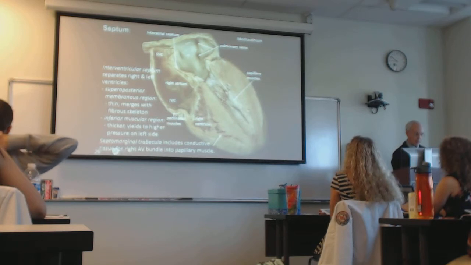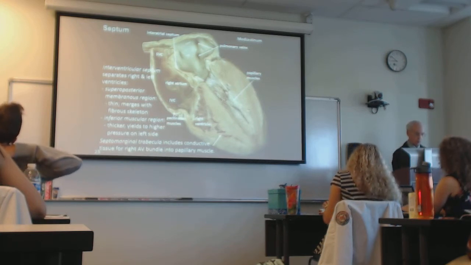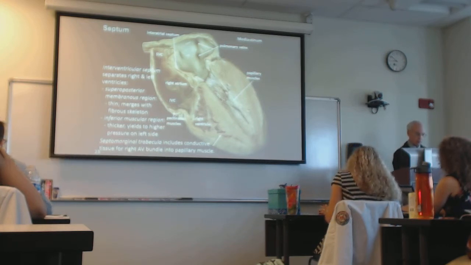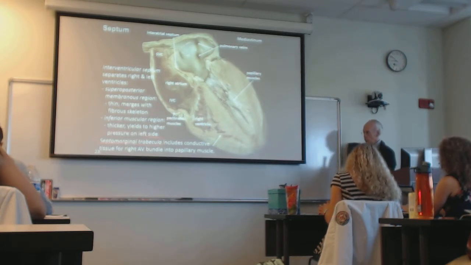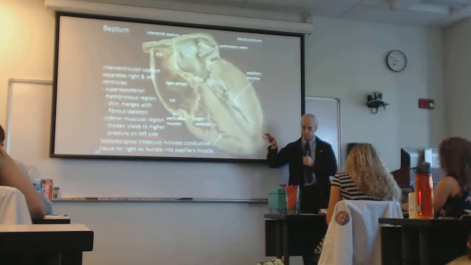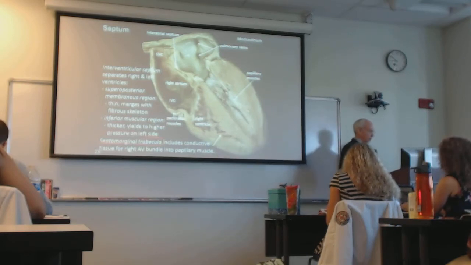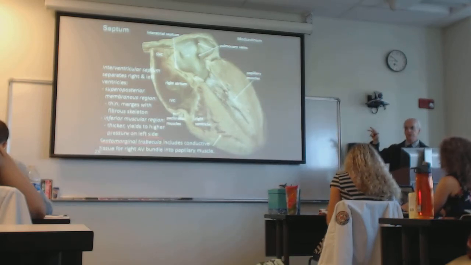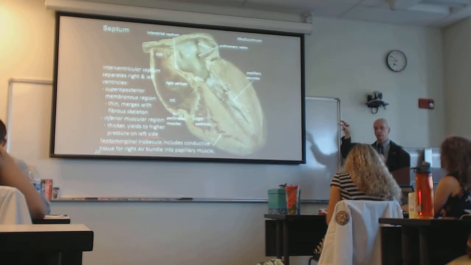Those passageways, those little conduits, are called septomarginal trabeculae. These trabeculae are distinguished by the fact that they include that conductive pathway that allows the papillary muscle in most cases to be tensed, or slightly contracted, before the rest of the myocardial wall is contracted.